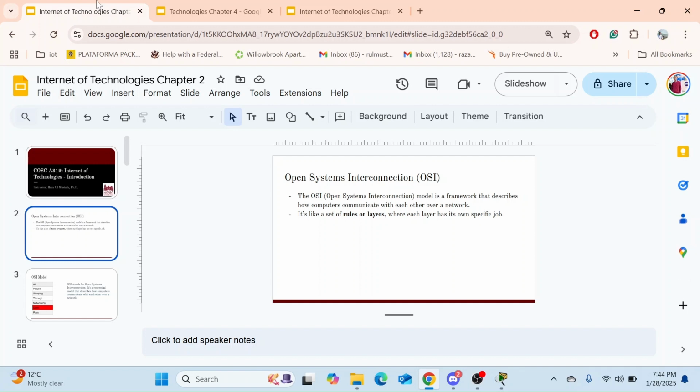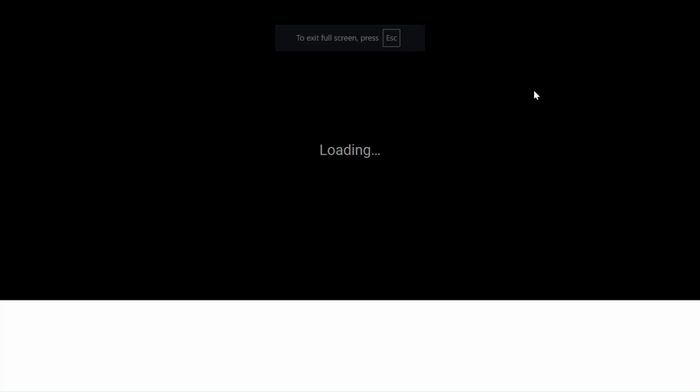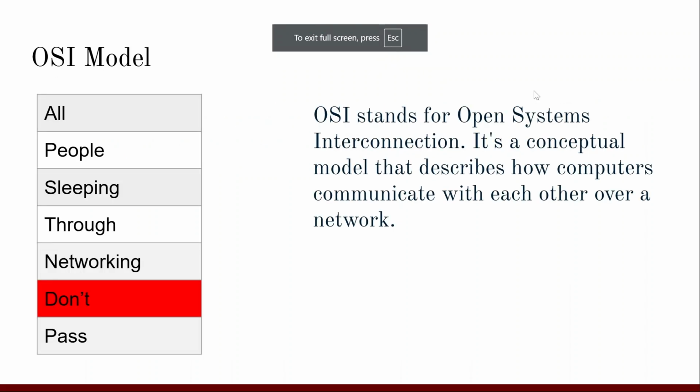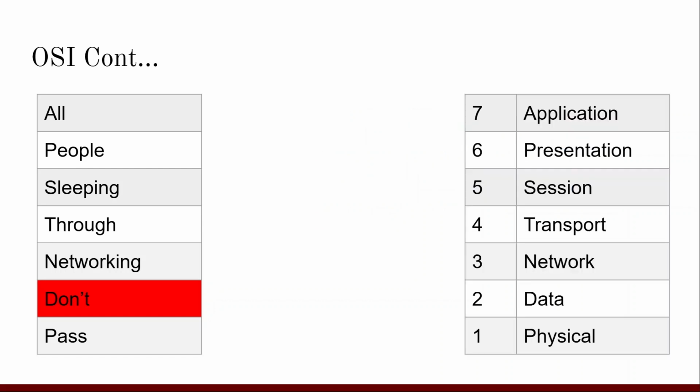Each layer has its own functionality, and to remember all these layers I have an analogy: all people sleeping through networking don't pass. Okay, so now I will make this connection between the words and the layers of the OSI model. The word all is going to be the application layer. This is the seventh layer that we have.